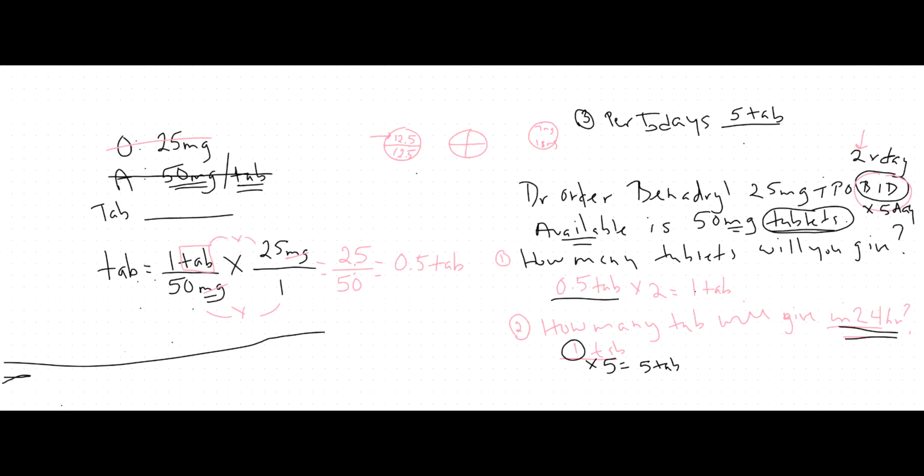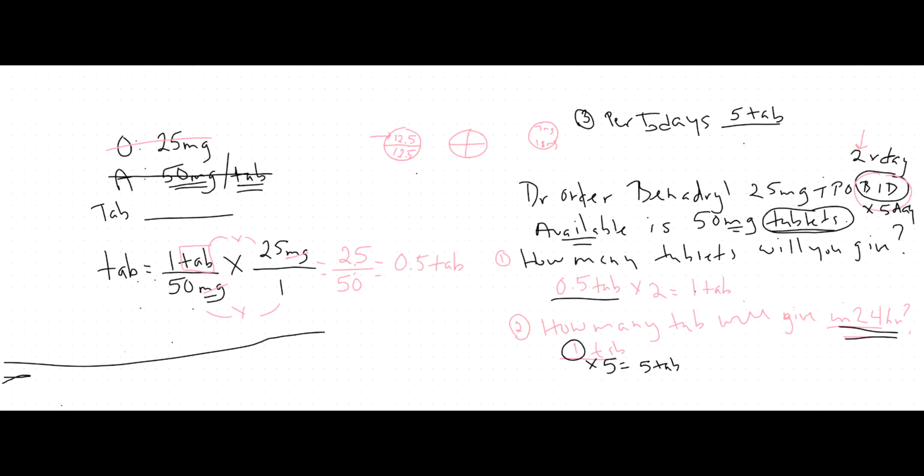It did, but for instance, this problem asks how many tablets would you give? I put 5 tablets because they said 5 per day, but she was only looking for 1 dose. I thought they wanted the whole amount, not just one. So unless it says per day or per 24 hours or per week, you're always just looking for that one dose.